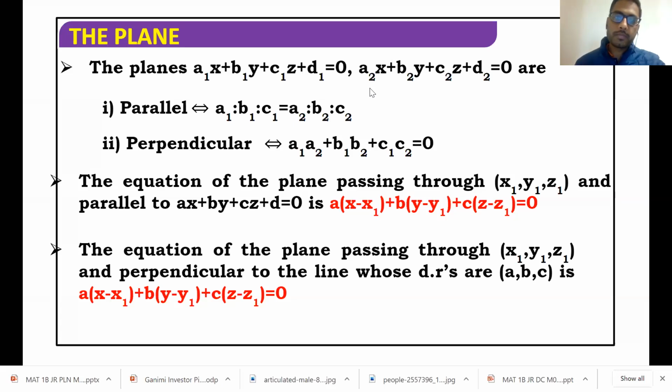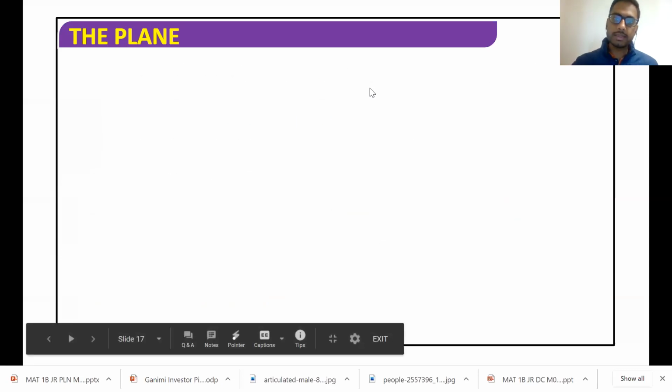So just go through these two equations and the equations of planes. Okay, let's move to the next slide.